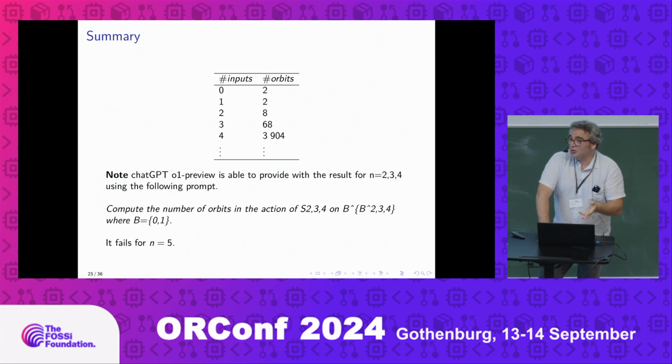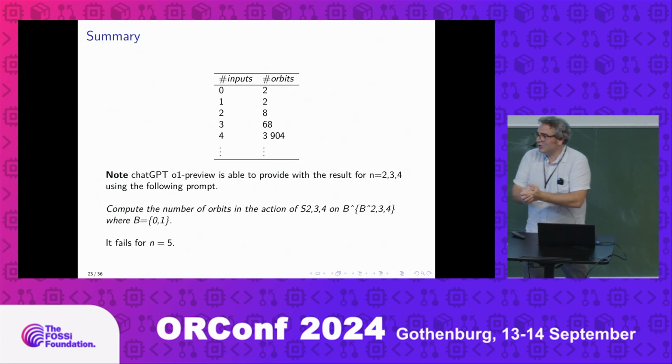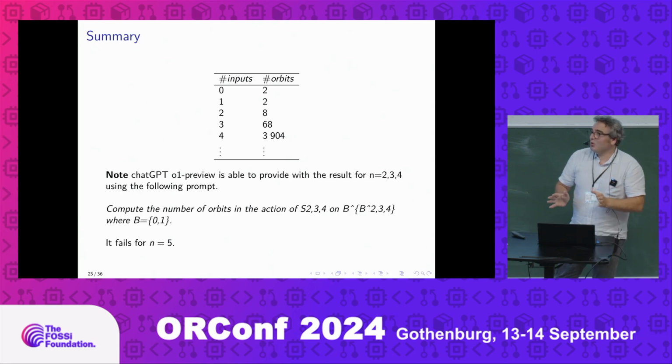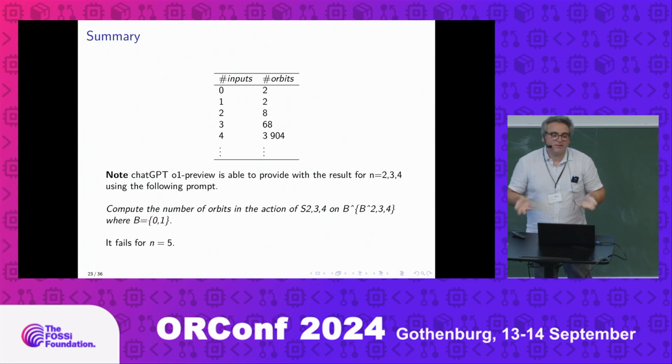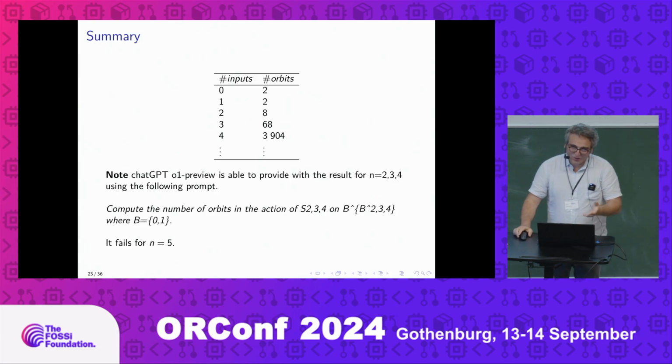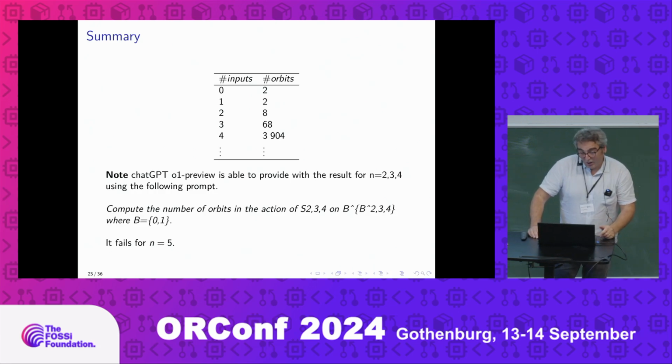Well, the good and bad news is that yesterday morning, ChatGPT was not able to compute for n equals 3. When I woke up yesterday morning, I discovered that new release and I tested it. Now it's able to compute all this table. It fails for n equals 5.